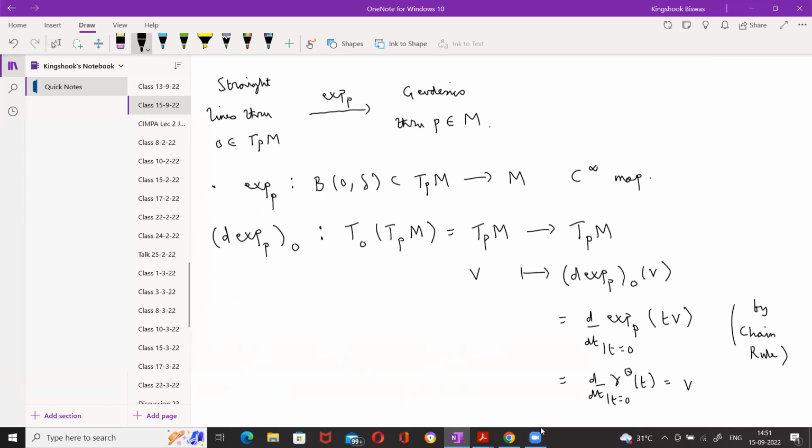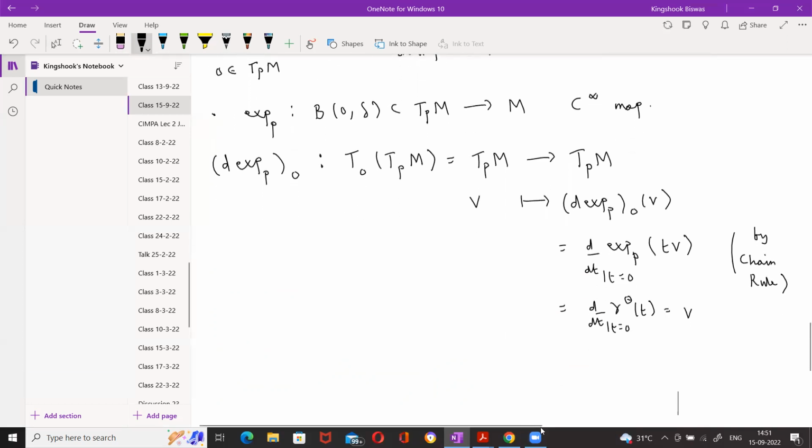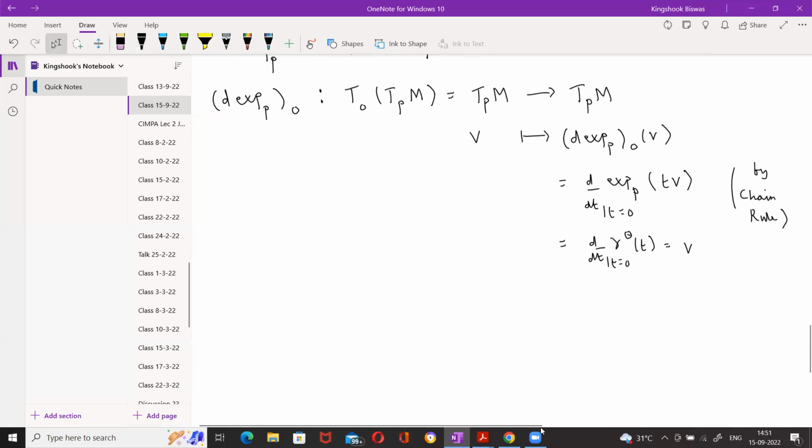Therefore, the derivative of the exponential map at the origin is equal to the identity map from T_P M to T_P M.